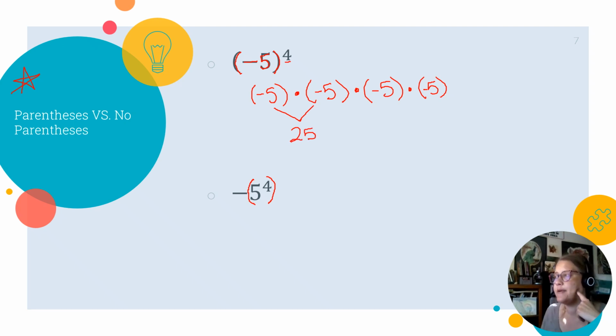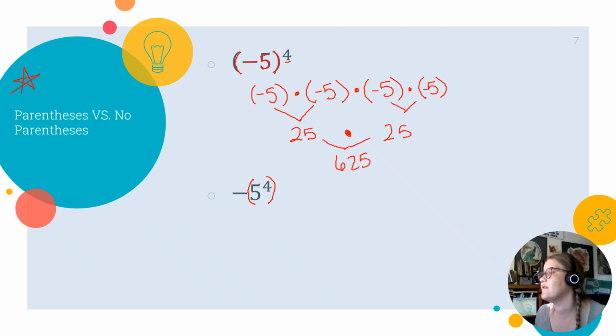So then if that happened over here, obviously that's going to give us the same answer, another positive 25. And then positive 25 times positive 25 is probably some common number that I should know by heart, but I don't have everything memorized. I'm going to use a calculator just so I can double check. Yeah, it's 625. So 25 times 25 is our next step. Let's funnel it down. 625, and circle our answer.